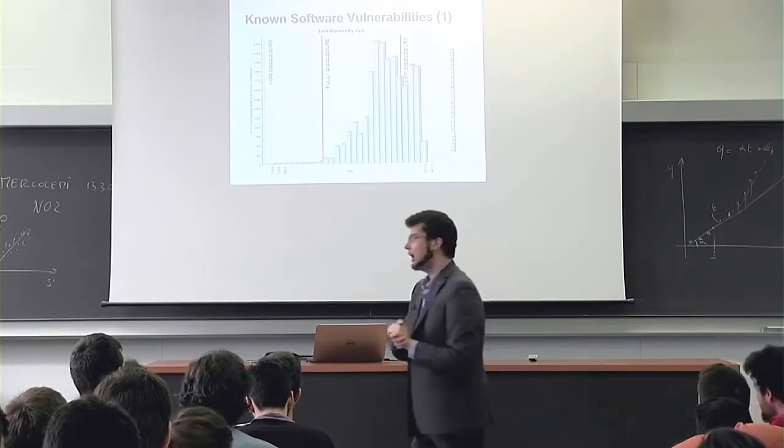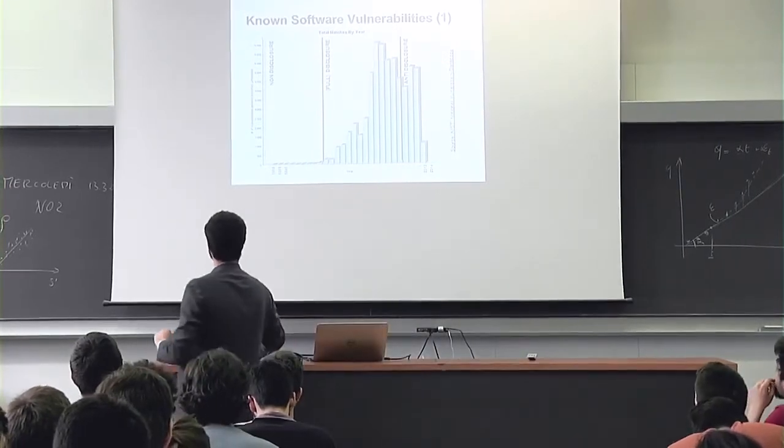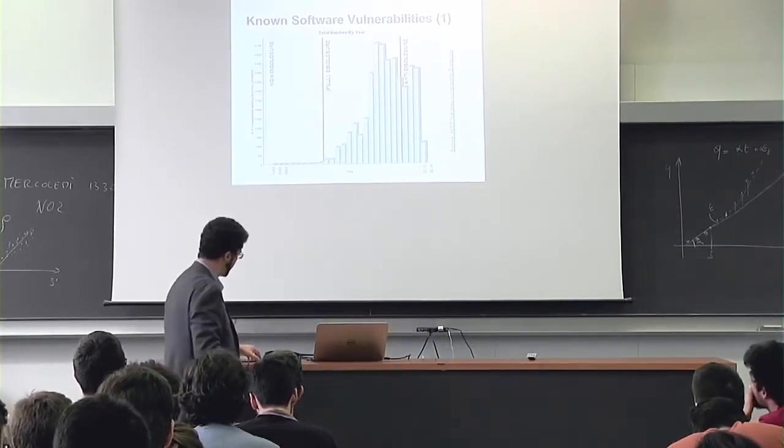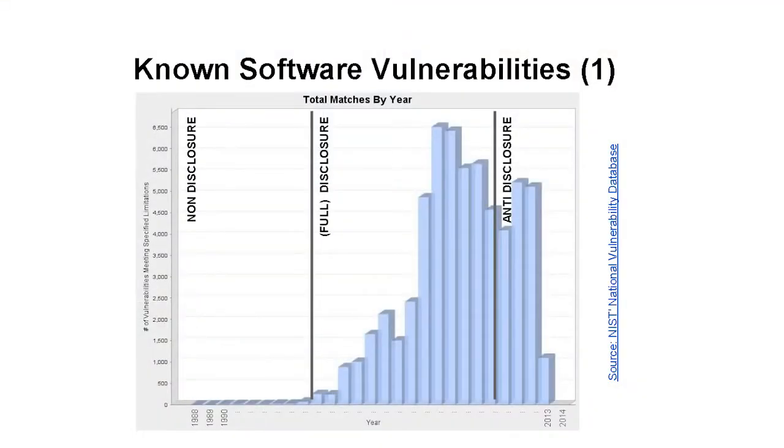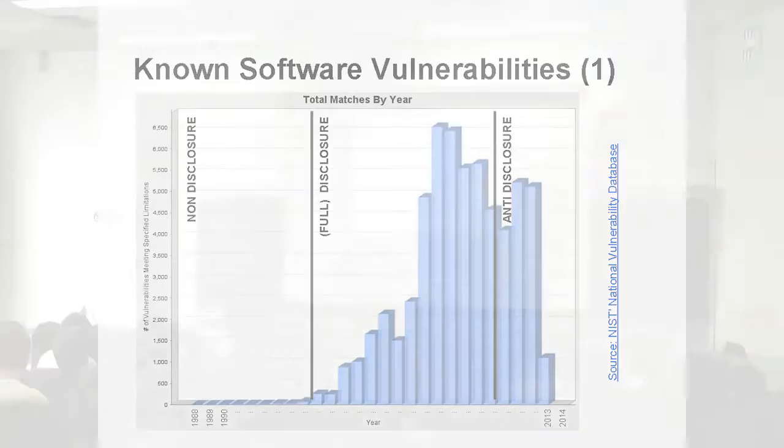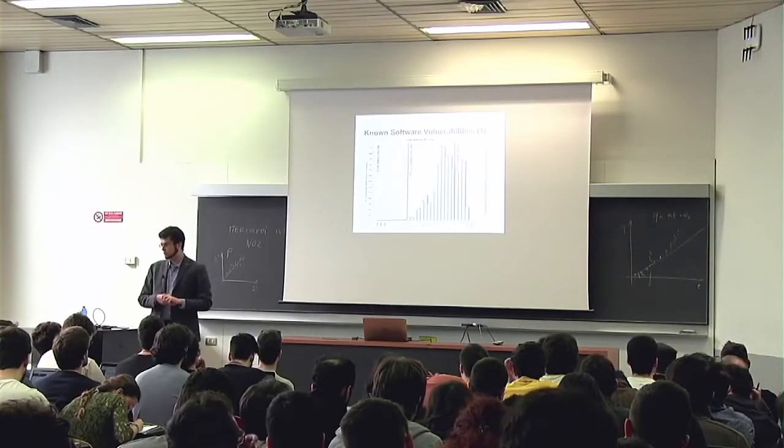Okay, so I'll move along by looking at this graph that I show over here. And this is a graph of known software vulnerabilities. I actually took it from a database that is called the National Vulnerability Database, maintained by NIST, the National Institute of Standards and Technology.